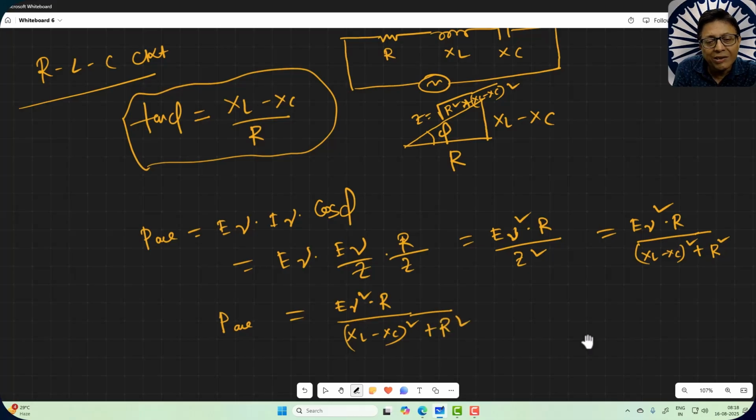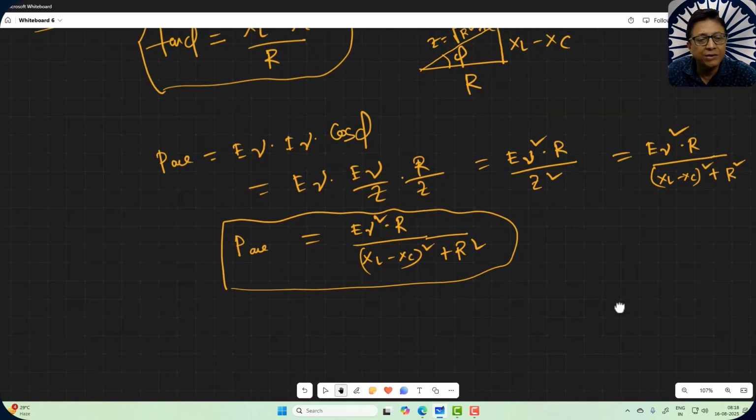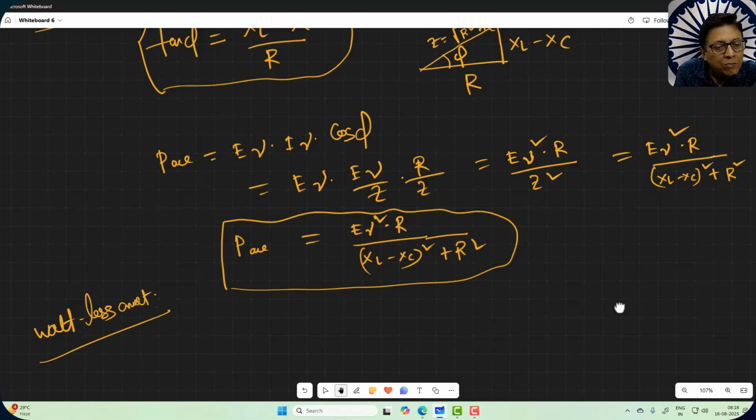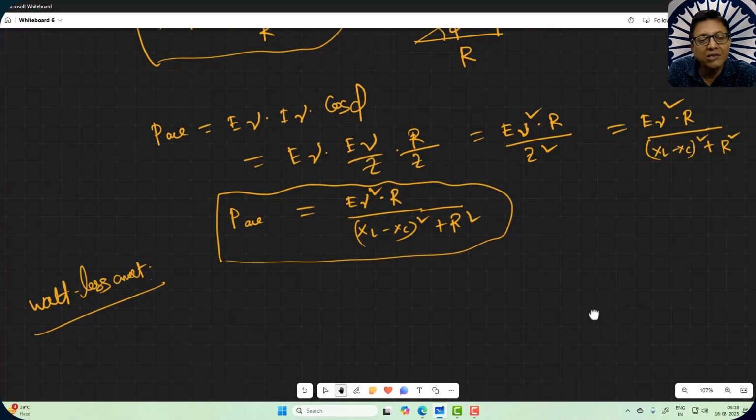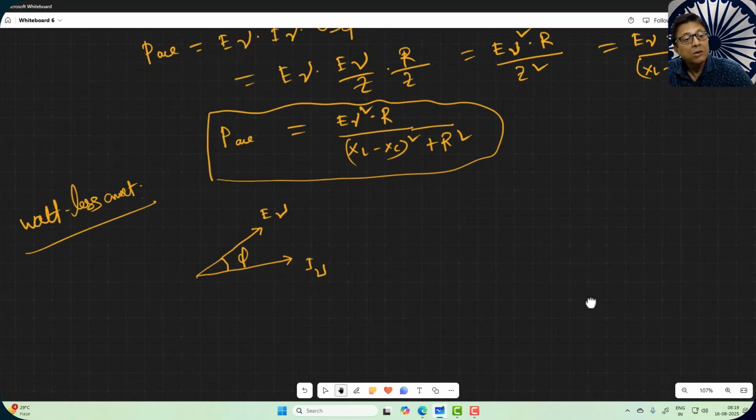Now in this context, I would like to state what is wattless current. When is the current said to be wattless, not worthless? Some extent it is worthless also. Why is the current said to be wattless?